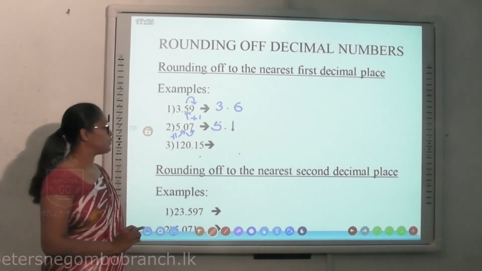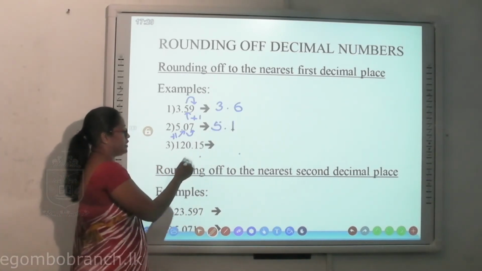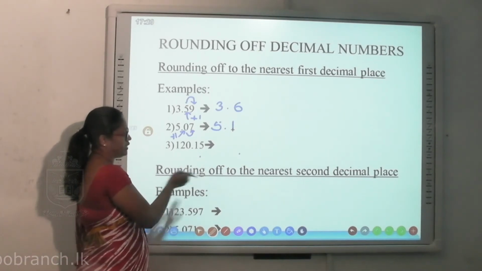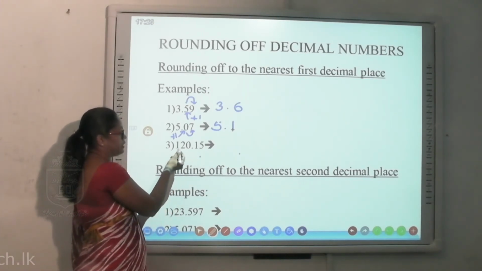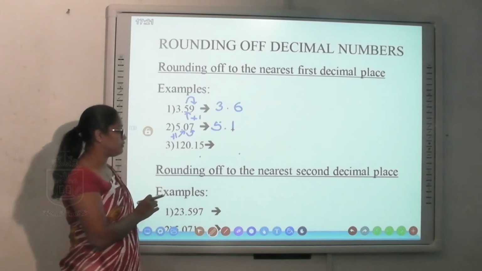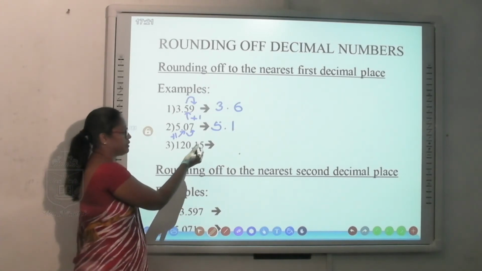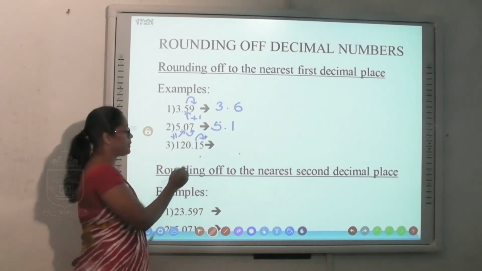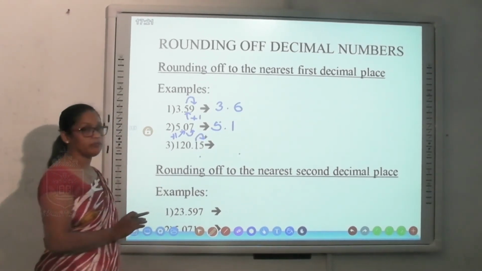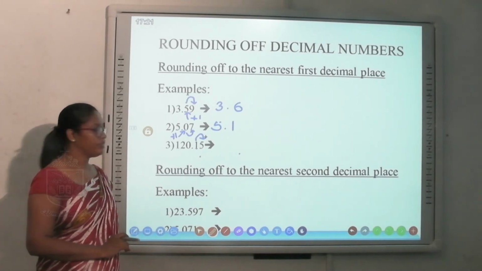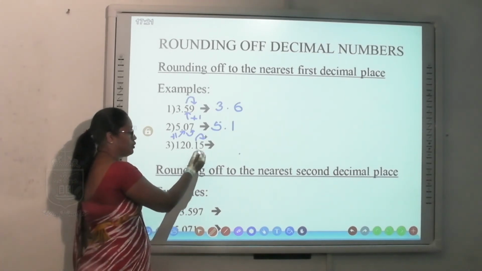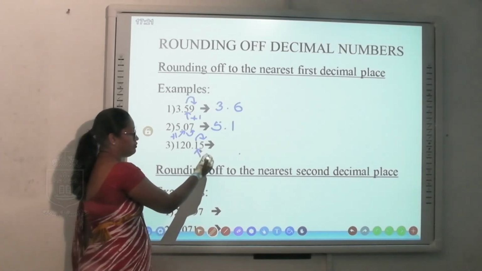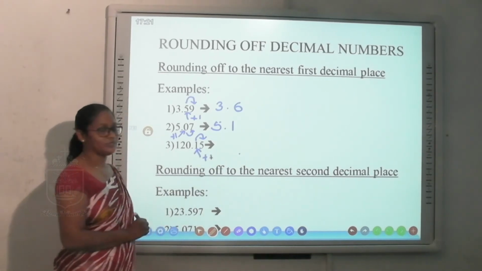The answer is 5.1. And the last question that I would like to explain in this part is 120.15. So this is the first decimal place and then you have to look at the second decimal place, and you can see that the second decimal place contains exactly 5. That means, according to the condition, you should add 1 to this place, so this will be 2 then.